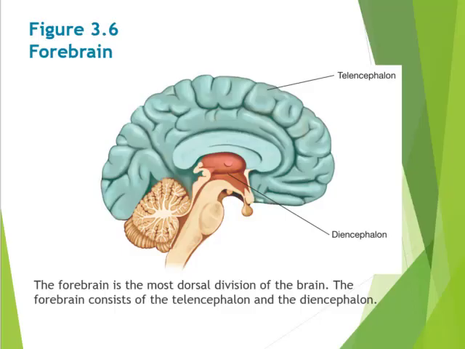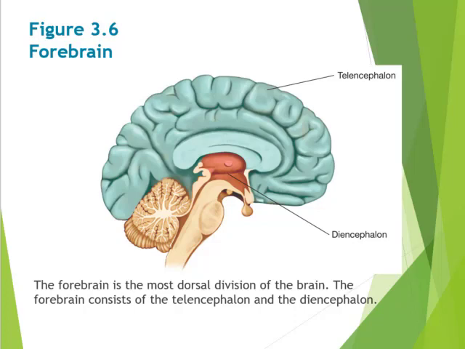So in this illustration, we have the telencephalon and the diencephalon shown. The telencephalon includes most of the two symmetrical cerebral hemispheres, which make up the cerebrum. So all of this blue stuff is called the cerebrum. The cerebral cortex is around the cerebral hemispheres, kind of like bark on a tree.